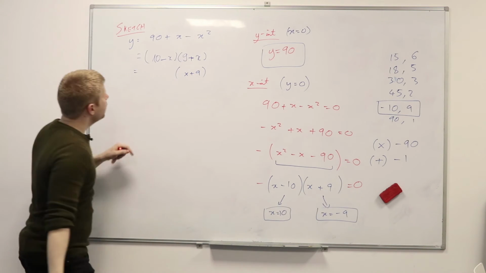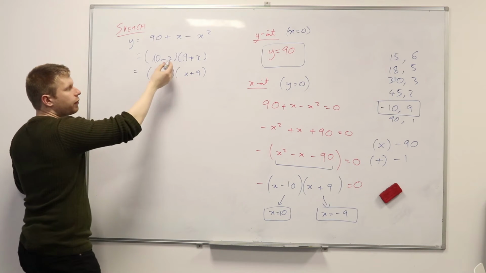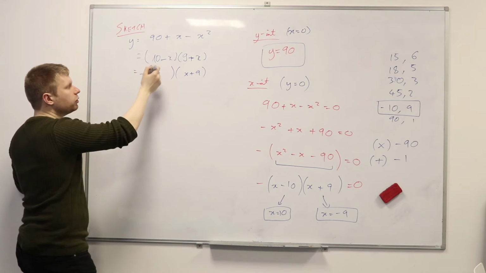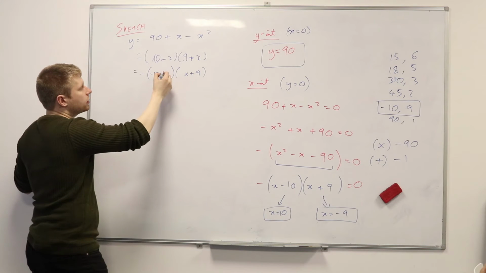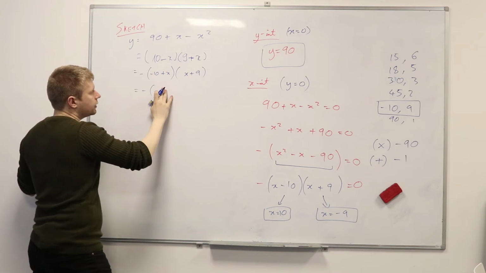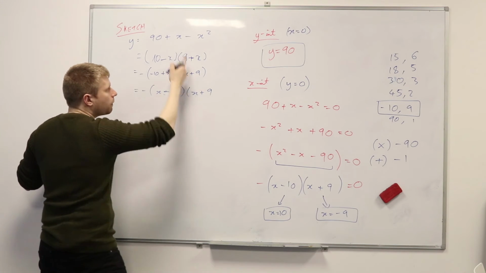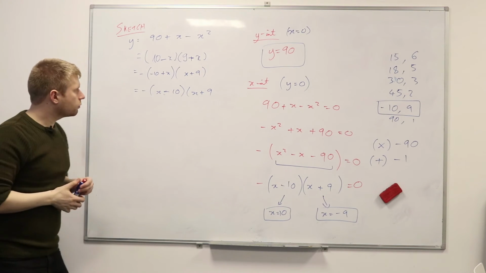All that's happened is I've factorized a negative out. So that positive 10 has got to become a negative 10, and that negative x has got to become a positive x. So in other words, I get negative of x take away 10.